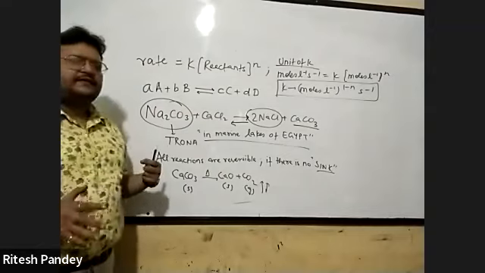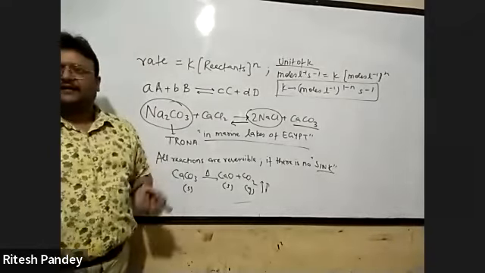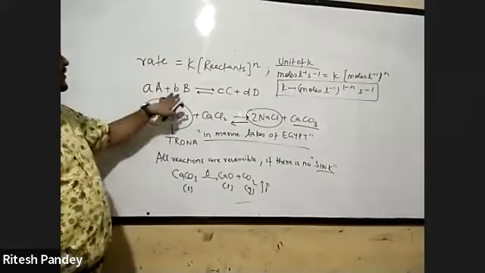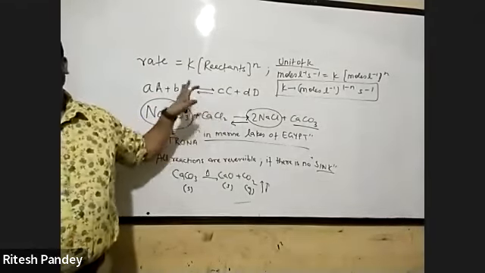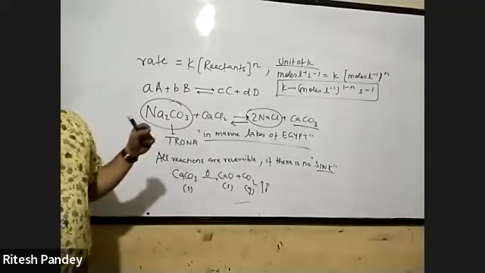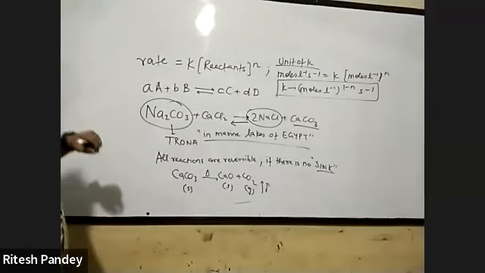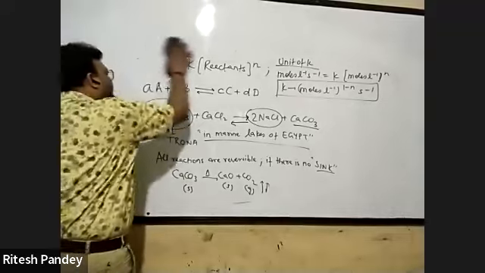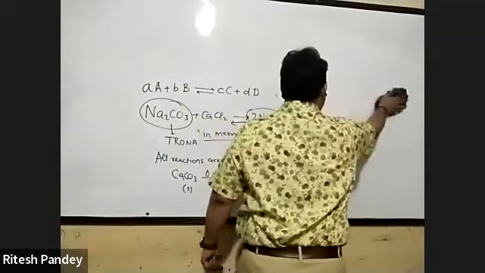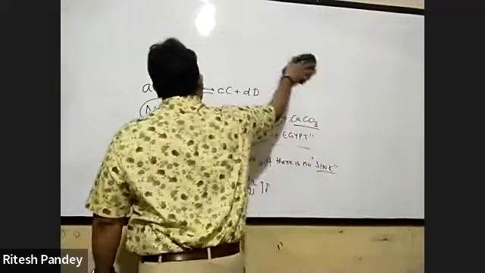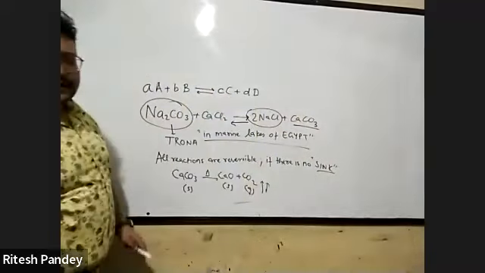Largely, we are going to deal with the gaseous state. And if all of them are in the same state of matter, if it's a closed system, trust me, a reaction will never get over. When I say a reaction will never get over, no reaction is 100% completed.